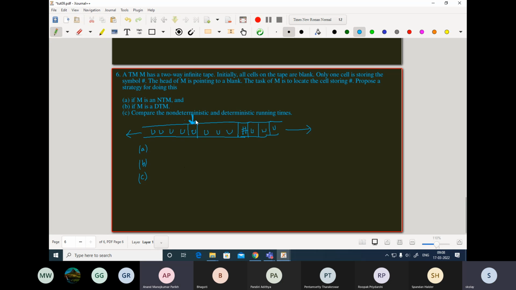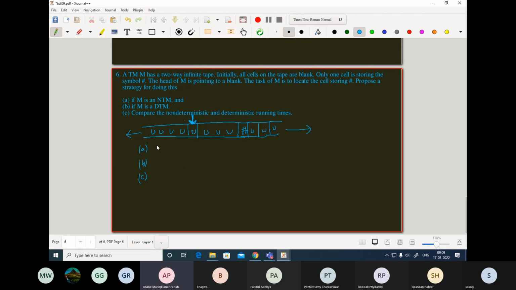Yes, ma'am. So if I knew the direction, what would you do? If I knew that my hash would be on the right hand side, what would I do? We'll just keep moving right till it appears. Right. Okay, now can you give me a non-deterministic Turing machine?